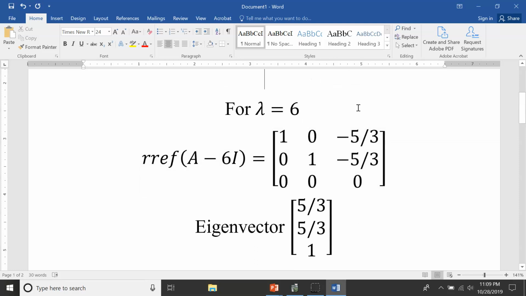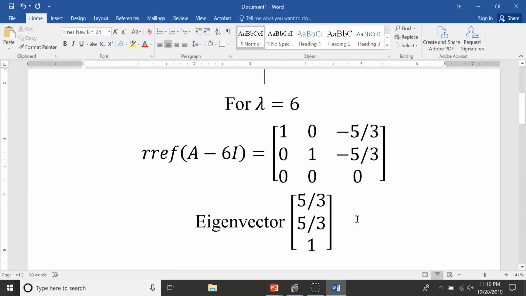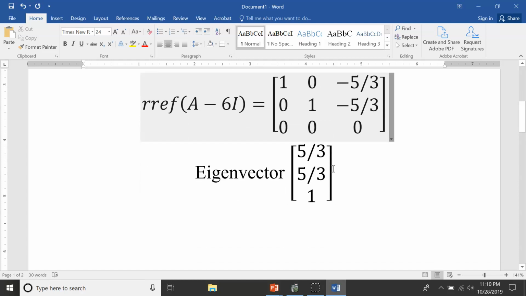And what that means is that x3 is a free variable, x1 has to be 5 thirds times x3, x2 has to be 5 thirds times x3, and then obviously x3 can be anything we want it to be. We choose 1. Again, that will correspond always on Moodle. So 5 thirds, 5 thirds, 1 is an eigenvector with eigenvalue 6.